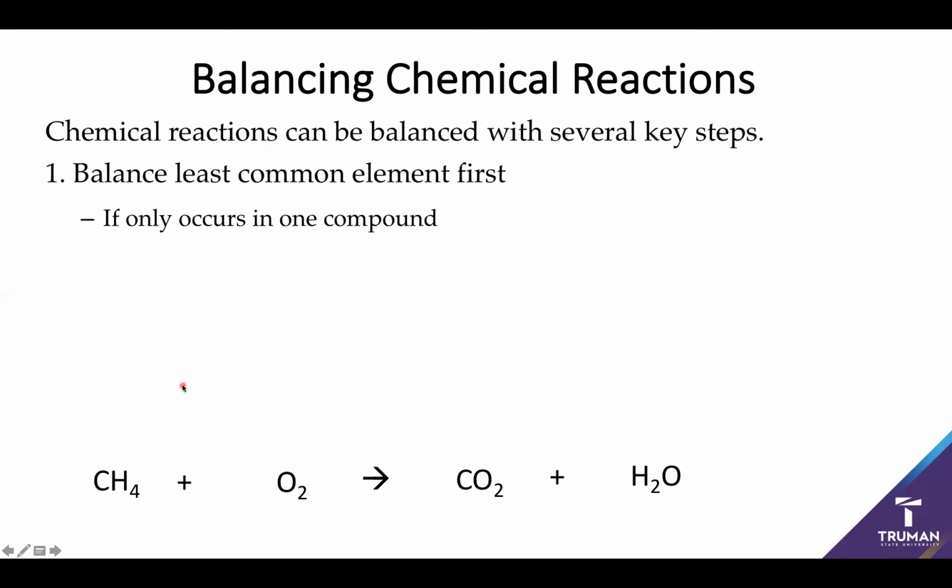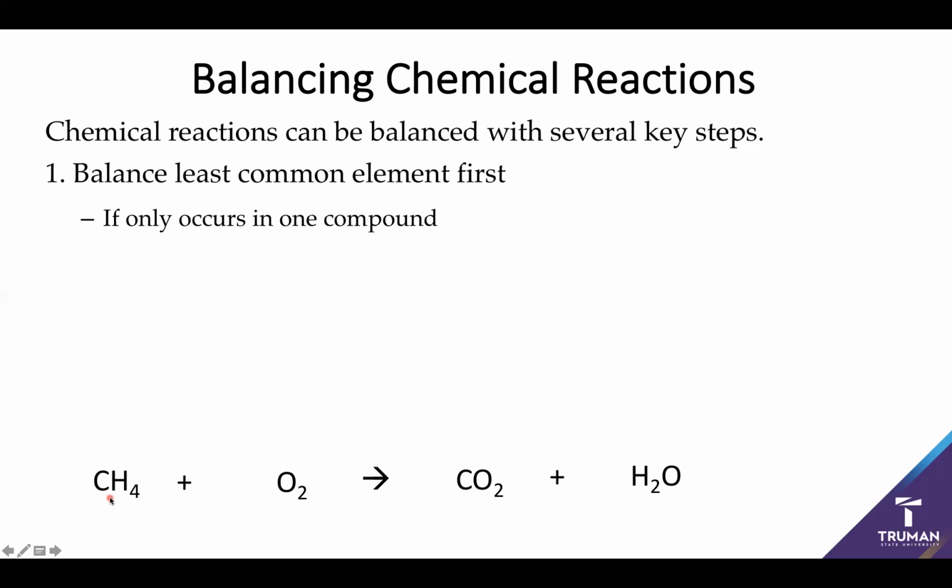So when we're going to go ahead and do this, the real key is figuring out which chemical species you want to balance first. And a good thing to do is start with the least common elements and then go to the ones that show up in more things. For example, oxygen shows up in 3 different species. That's not a good place to start. Carbon shows up in 2, hydrogen shows up in 2.